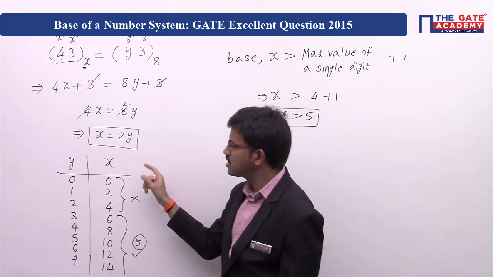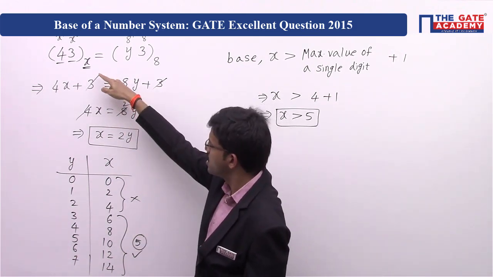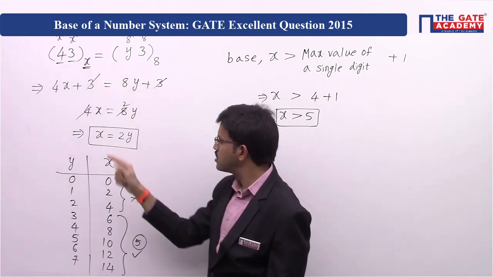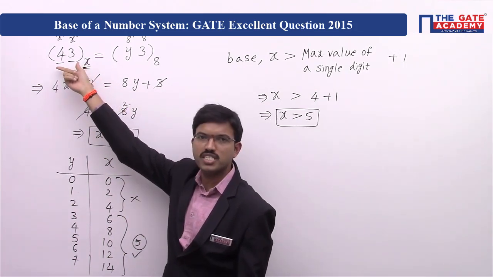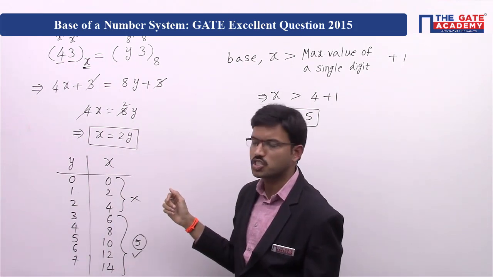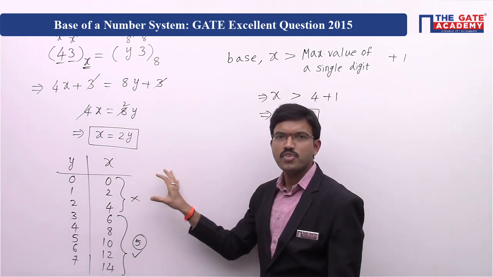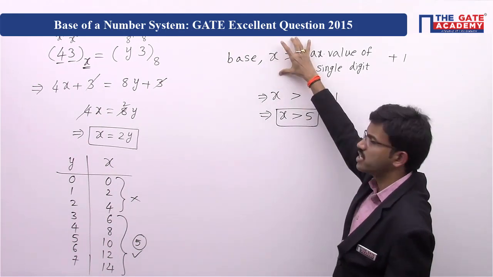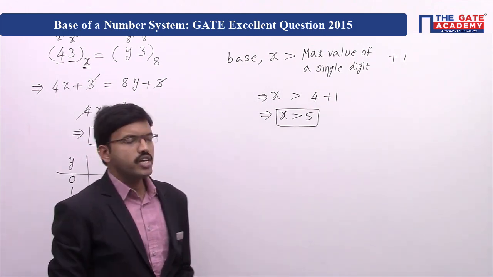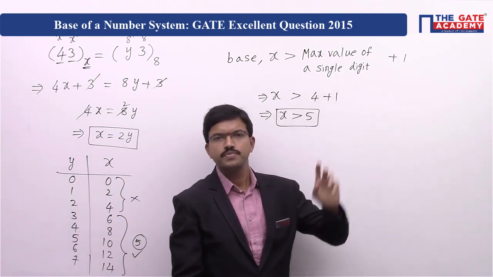Theoretically you may get 8 solutions, but practically we cannot represent. If you consider x value 0, you cannot represent like this. Similarly, x value 2, you cannot represent like this, because here you have digit values more than the base. That is not possible. So in order to get the valid answer, we have to use this formula. This is the most important formula. You can solve this kind of questions by using this formula.